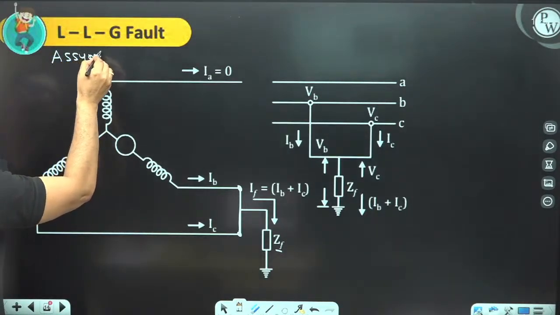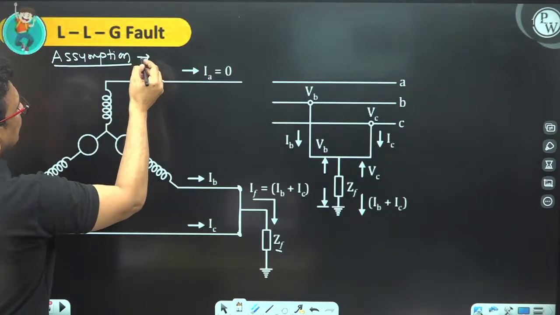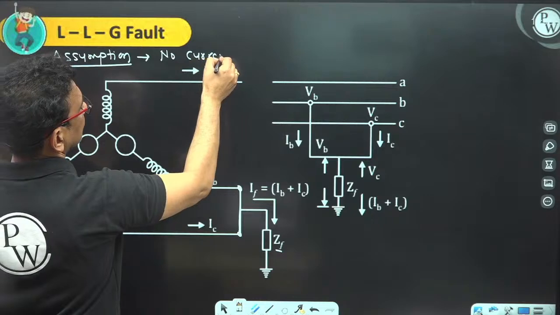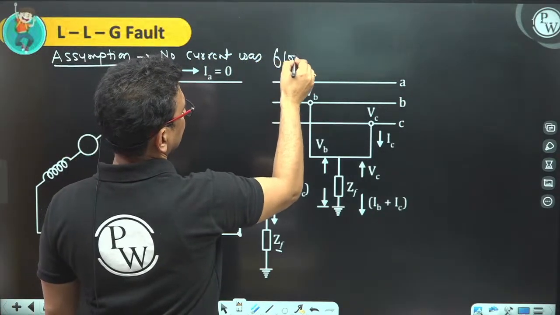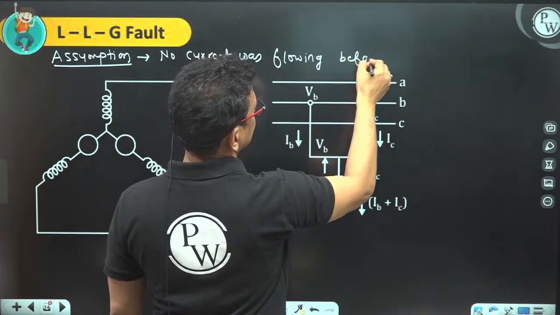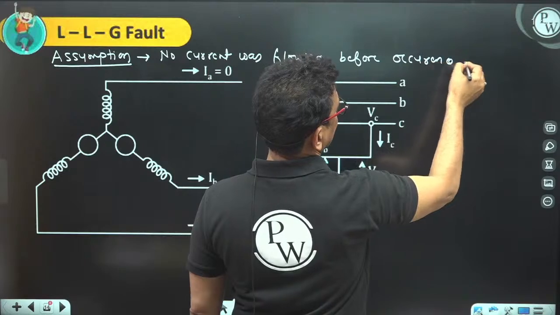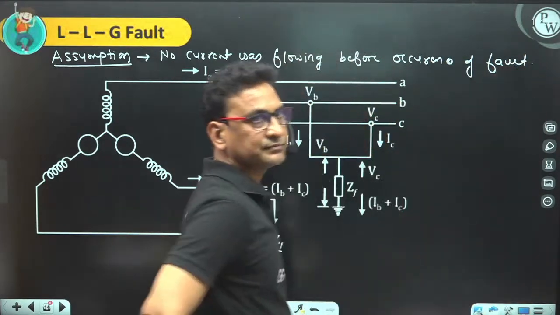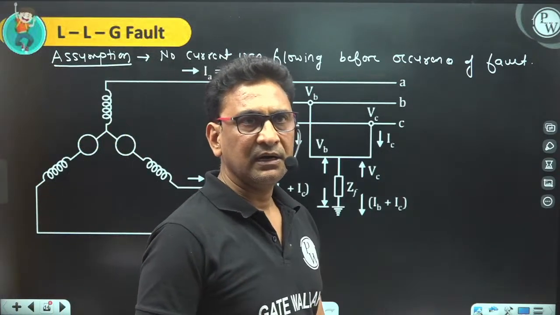That no current was flowing before occurrence of the fault. The current will start flowing only when the fault occurs.